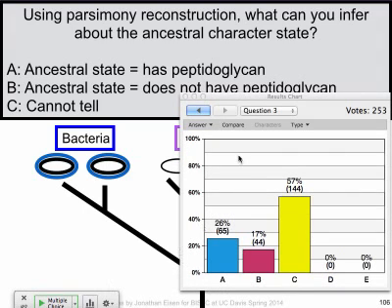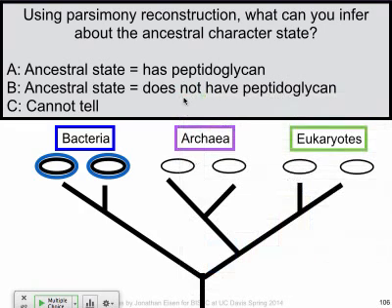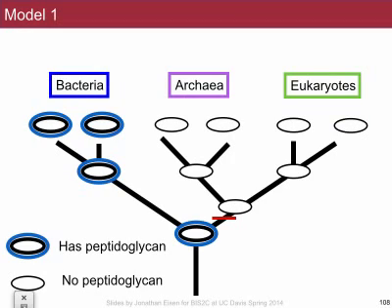All right, the majority, 57%, said C, which is the correct answer. And so let's look at the reconstructions here. Here's one of the possible reconstructions with peptidoglycan being the ancestral character state and then a change on the branch leading up to the common ancestor of Archaea and eukaryotes, or alternatively no peptidoglycan and then a transition on the branch leading up to the common ancestor of bacteria.